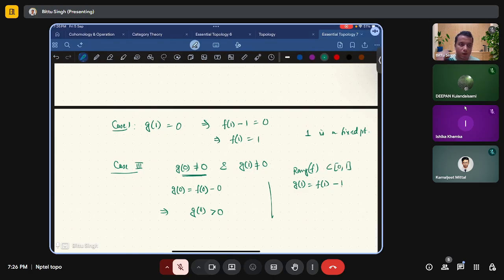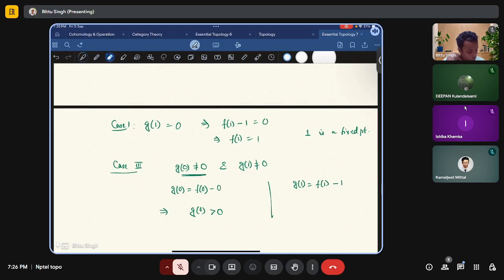So we know by definition it is given that f(x) is in between 0 and 1. Then if we subtract 1, therefore g(1) belongs to this; the range will be contained in the closed interval [-1, 0]. Is it clear?